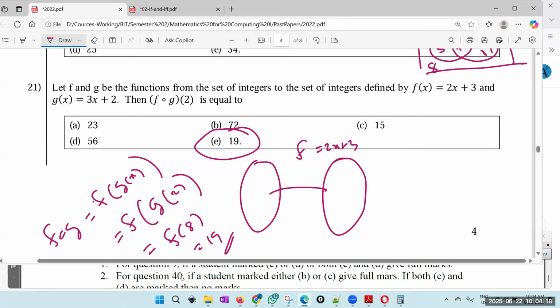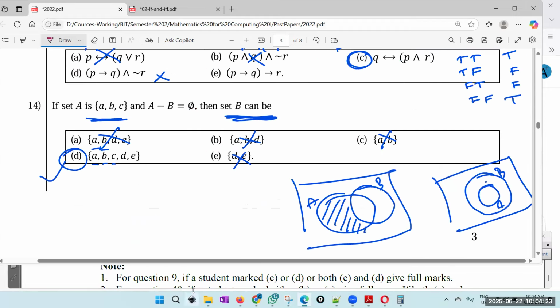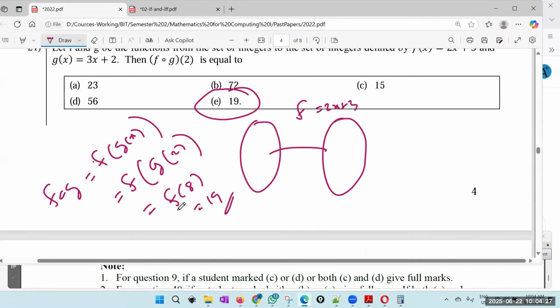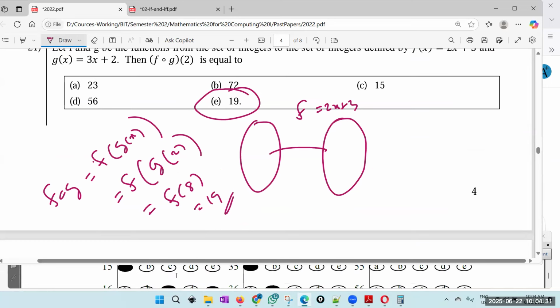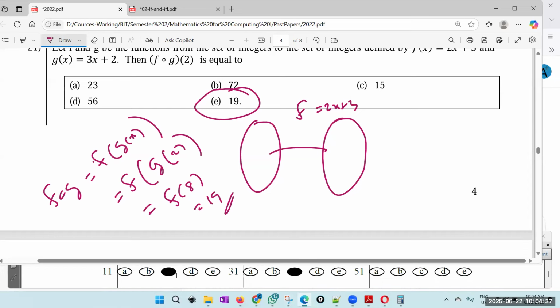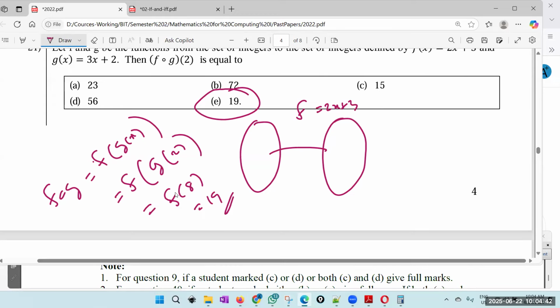Right. Question 9, they have mentioned something about... anyway, this answer should be correct. 21, answer must be E. Yes, answer is C. There's a note on question 9.